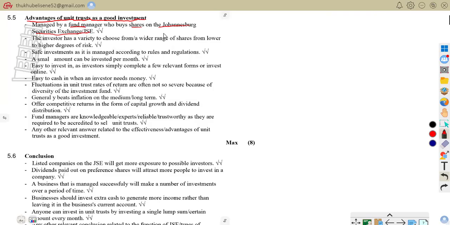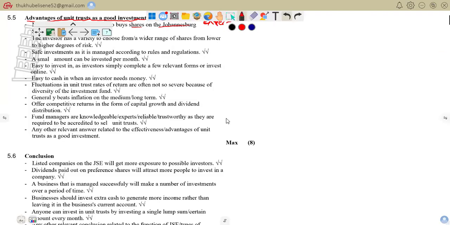So we're talking about the expert who is going to handle the investment on behalf of the investor.